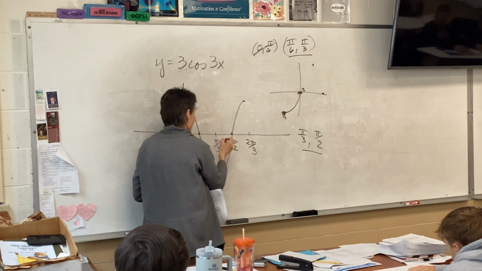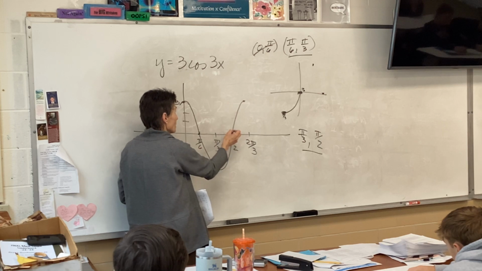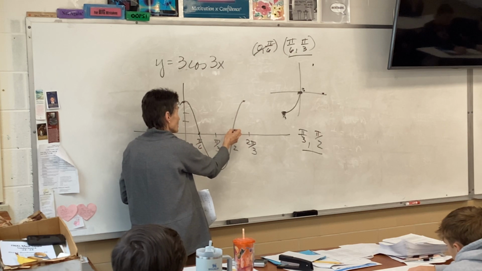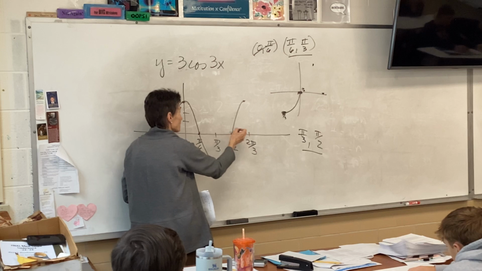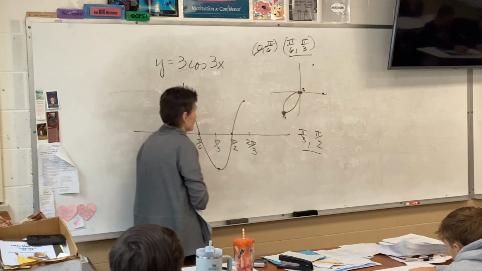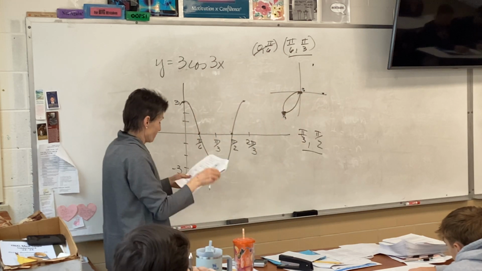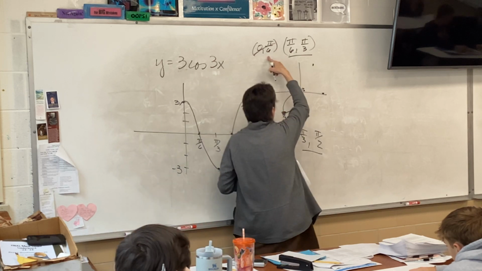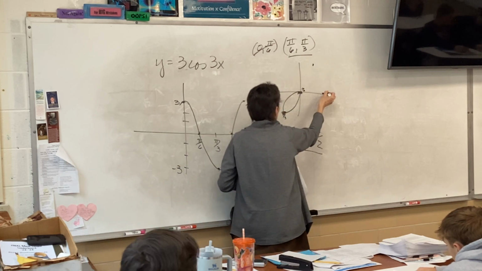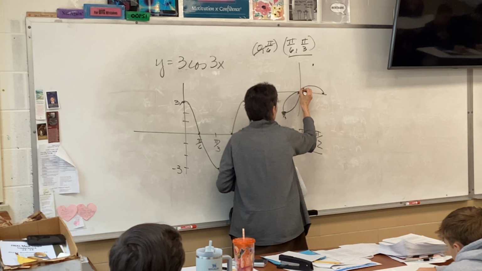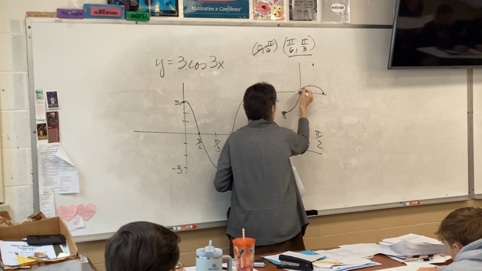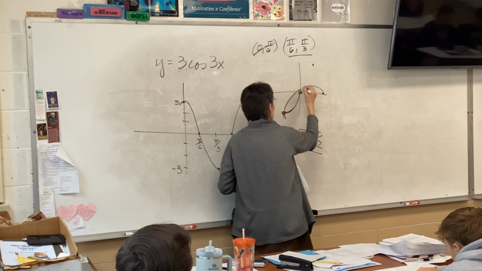What are we doing from pi over 3 to pi over 2? We're getting closer to the origin. So I did this one, and I got this, didn't I? Yeah.